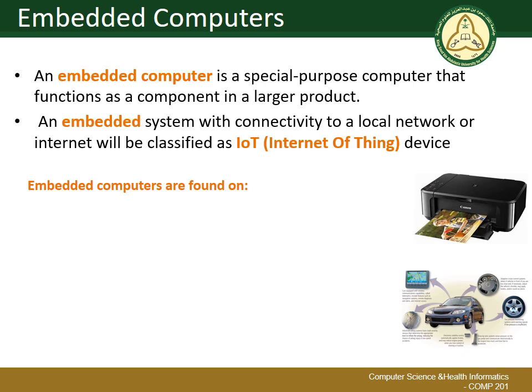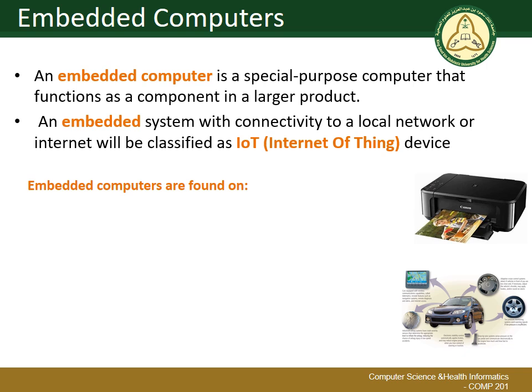So an embedded computer is a special purpose computer that functions as a component in a larger product. As we said, in a larger product we can embed it, plant it in another body. An embedded system with connectivity to a local network or the internet will be classified as an IoT, Internet of Things device.